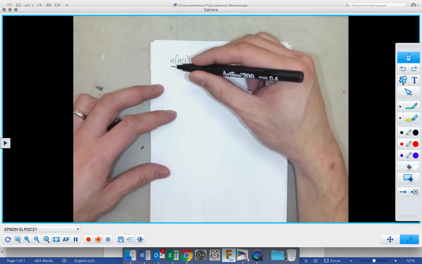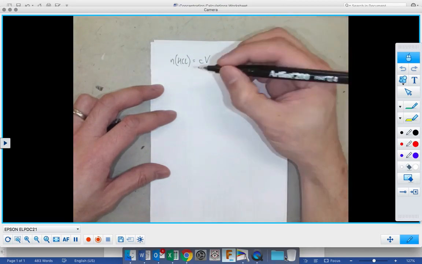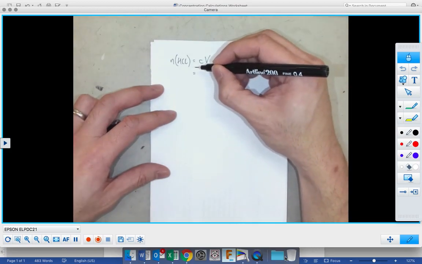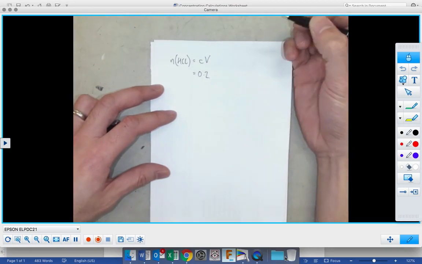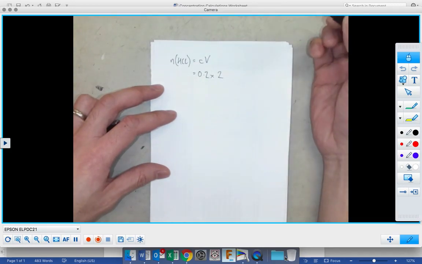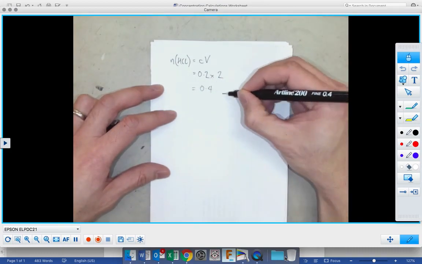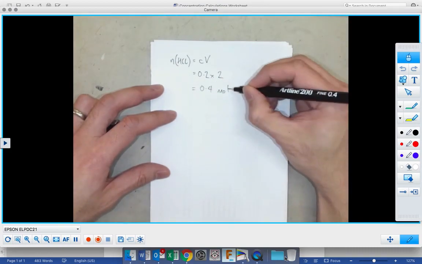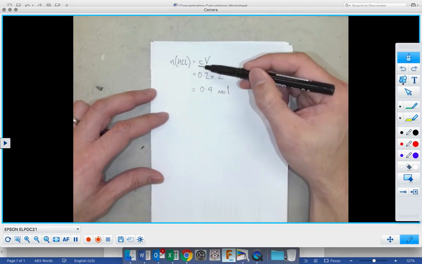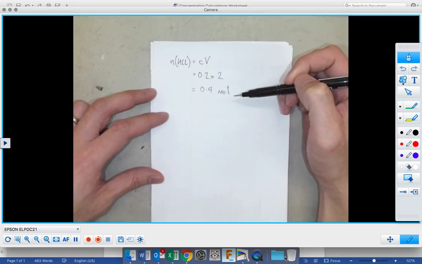Remember n is equal to C times V. The concentration was 0.2 moles per liter, and it was in 2 liters. 0.2 times 2 is 0.4 moles. It's very important for you to write out what you're solving, the equation, substitute the information, and then solve it. Nice and easy.